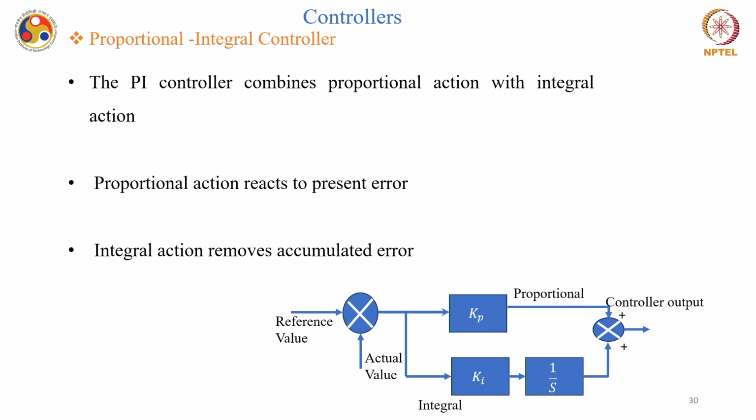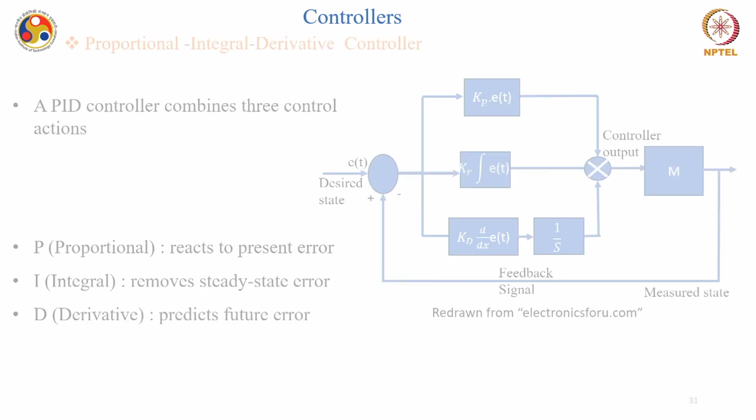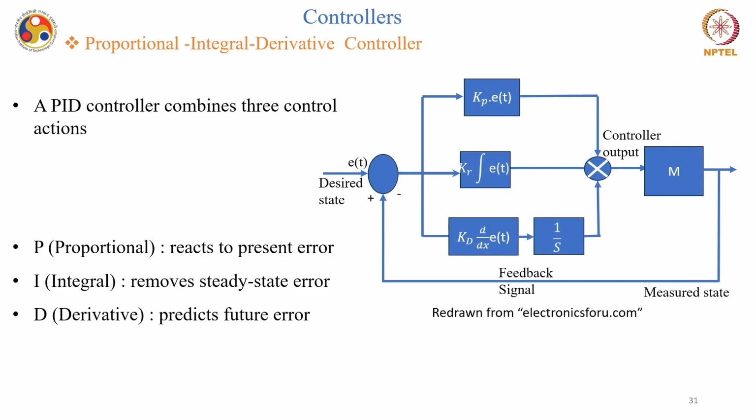So this is in brief about the PI and PD controllers, and combining them we have a PID controller or proportional integral derivative control system, which is even more popular than what we have seen. A PID controller combines all three control actions. Proportional reacts to the present error because it is directly proportional to the error signal you are feeding.